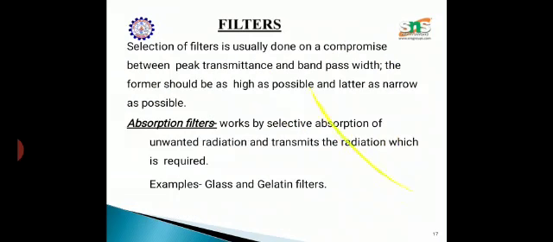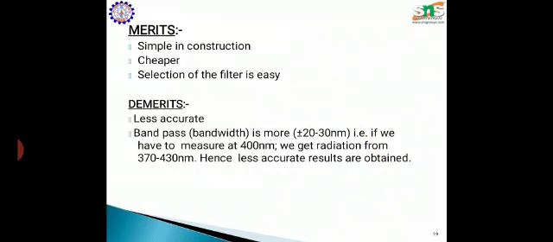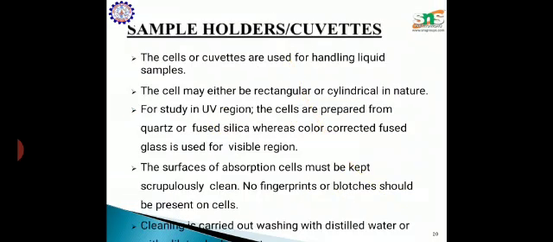Glass gelatin filters are used for the visible region, and particularly the ultraviolet region with 200 to 300 nanometers. It is a cheap way of construction. It's a cheap method, but a less accurate one. The bandwidth is plus or minus 20 to 30 when measured around 400 nanometers.